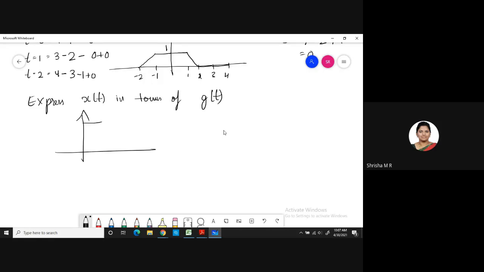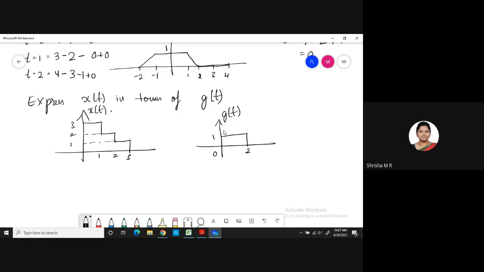So this is 1, 2, 3. This is 1, 2, and 3. This is the given waveform. And our g of t exists from 0 to 2 with an amplitude 1. Okay, this is g of t and this is your x of t. So we have to express x of t in terms of g of t.